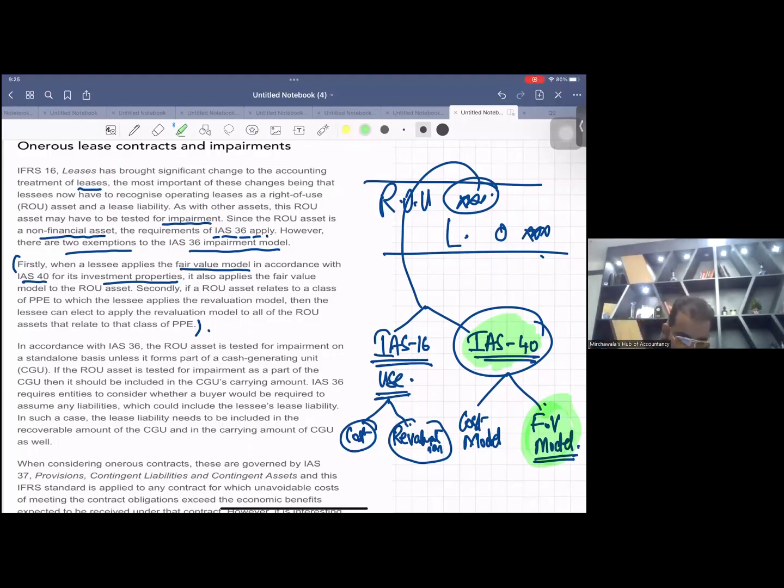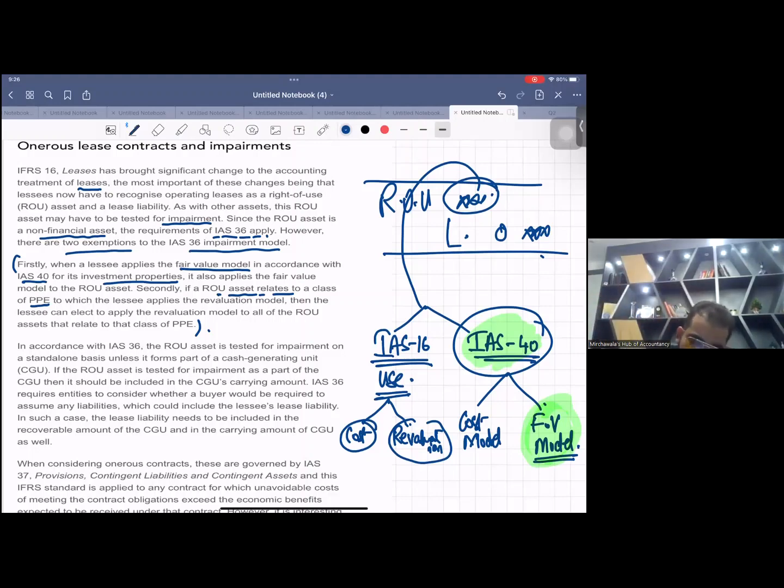Now, second point. Secondly, if an ROU asset relates to a class of PPE, you know the class of asset, you remember the class of asset, like all furniture is one class of asset, all buildings are one class of asset. I'm talking about IAS 16 now.